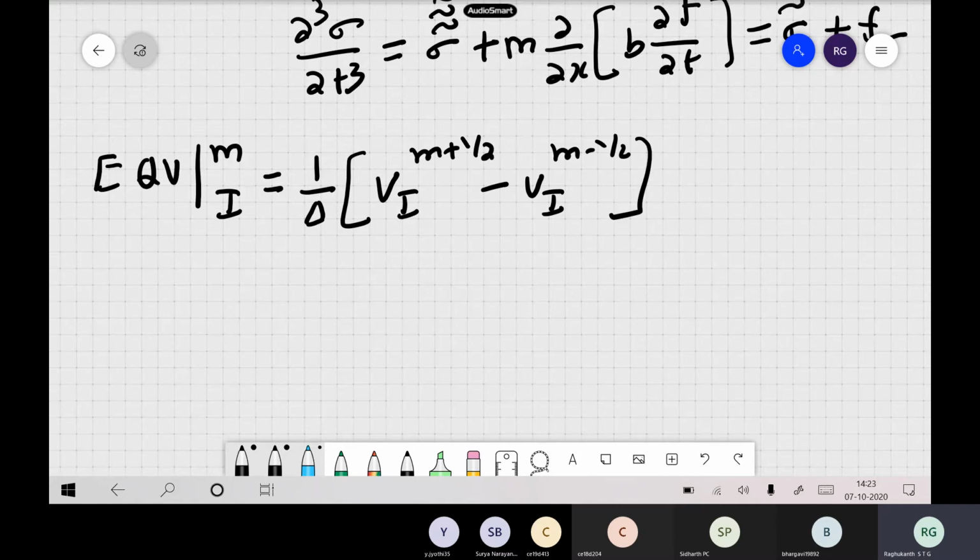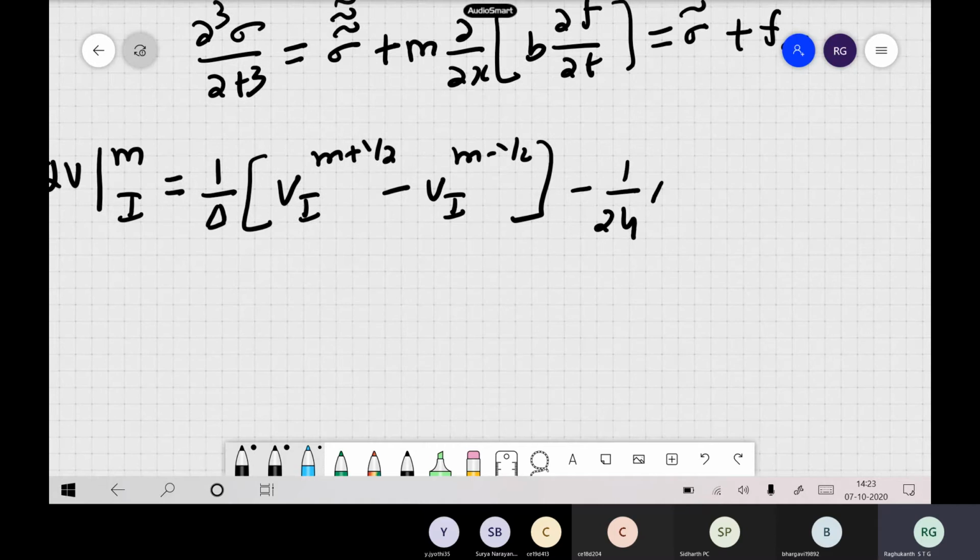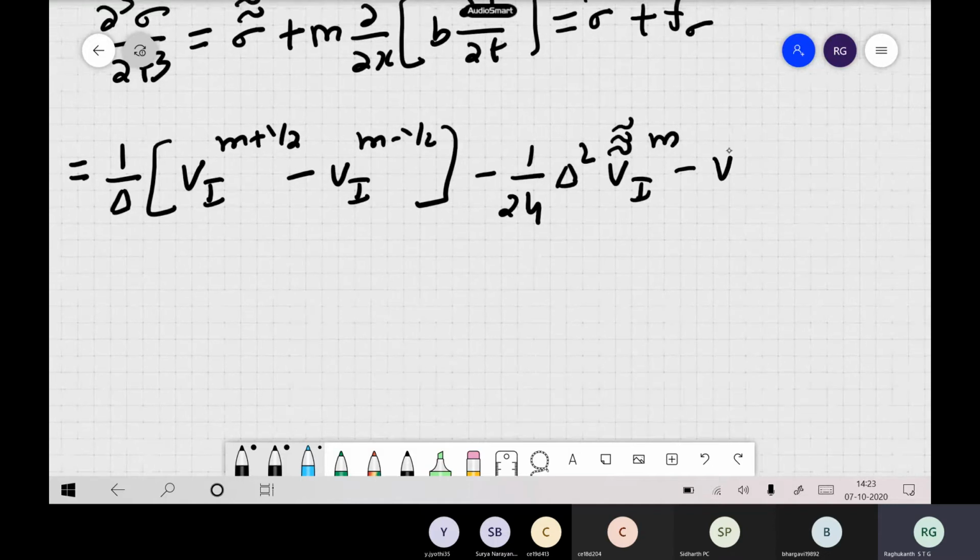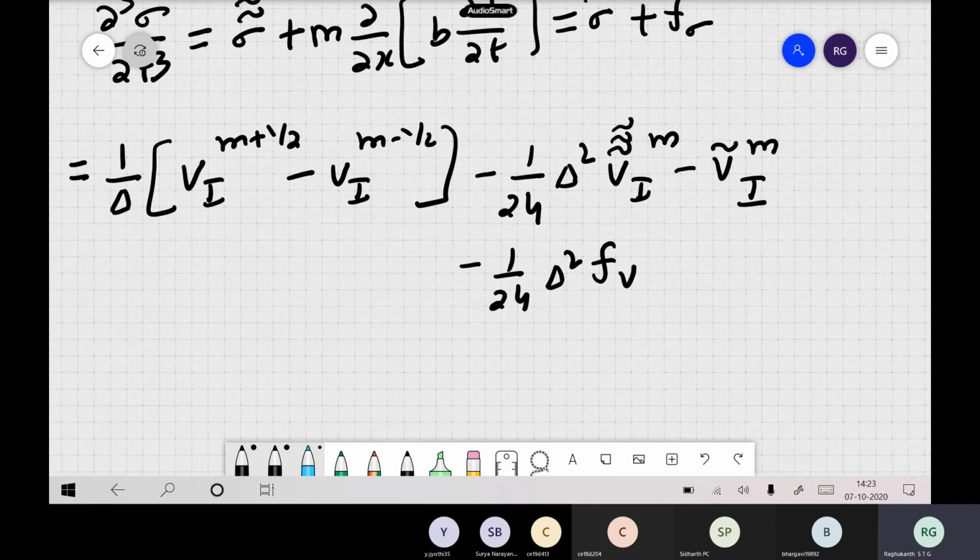Now we have this extra term 1/24 Δ² v, of course these tildes are there, i and m, minus the v itself at m and i, minus 1/24 Δ² f_v, that is the derivative of your body force with respect to time, minus b into f, this also at m and i. So this is our expression.